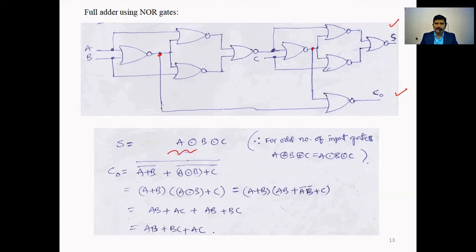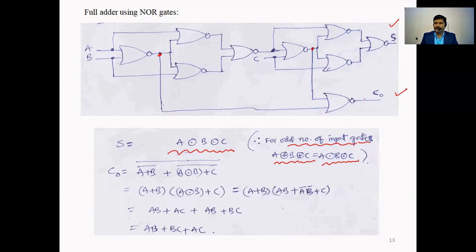Observe, sum is nothing but A XOR B XOR C. Here one point we need to remember, for an odd number of inputs, this A XOR B XOR C, here A, B, C is 3, which is an odd number. That's why whatever the NAND gates, here NOR gates also have the same diagram.